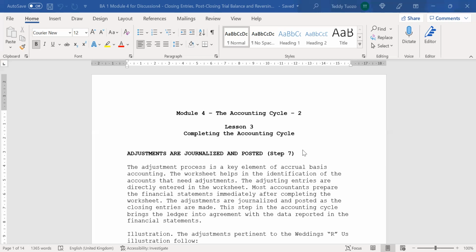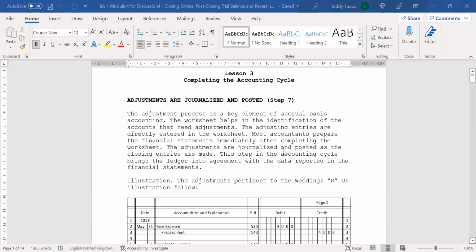Unlike in the worksheet, there was no explanation. You just simply wrote the amounts in the column: if it affects the debit column, you write it in the debit column, and if it affects the credit column, you write it in the credit column. Here, it's a formal preparation of adjusting entries.